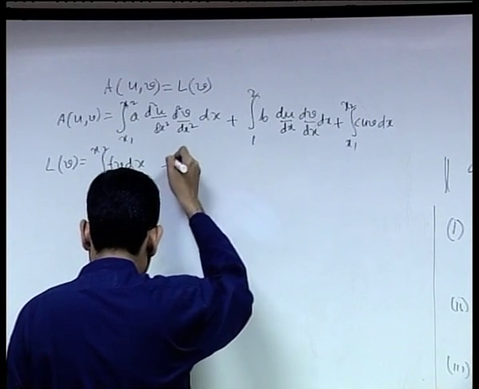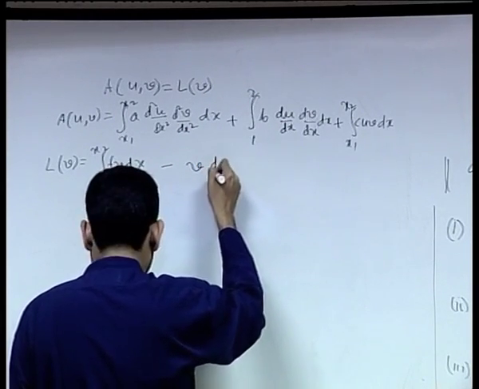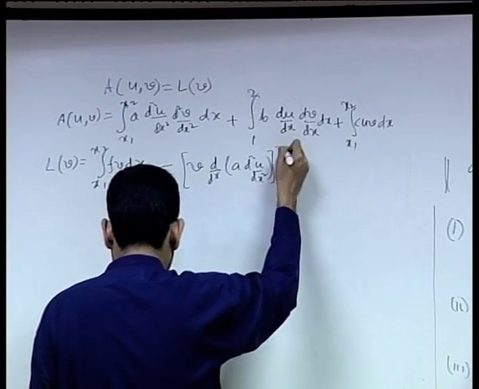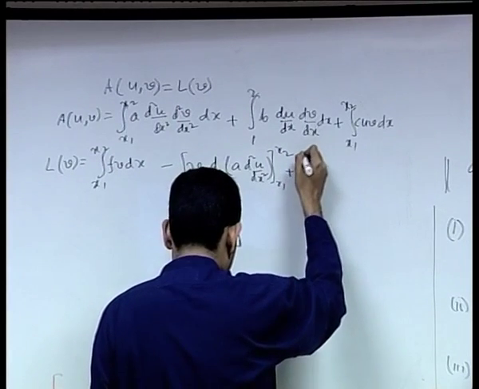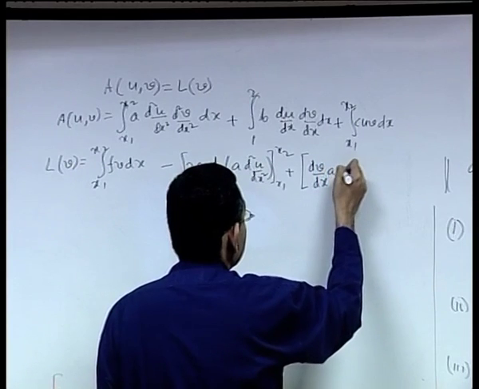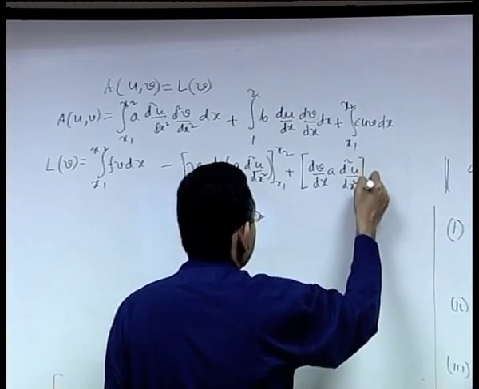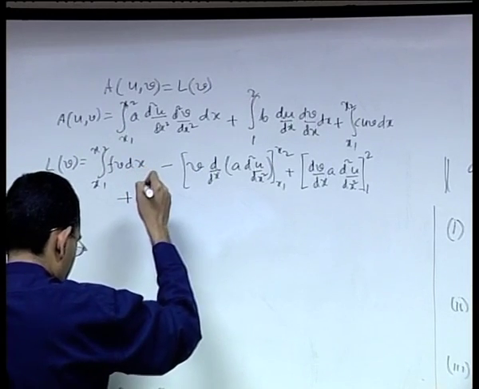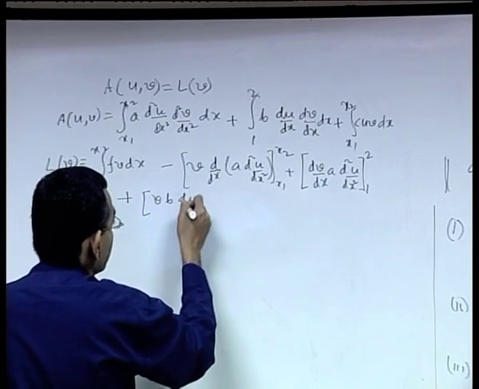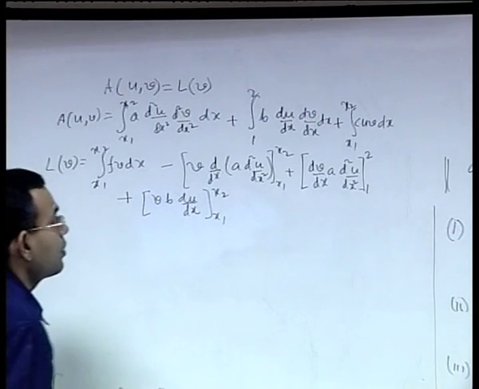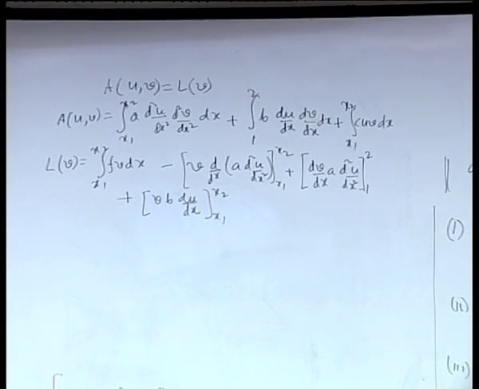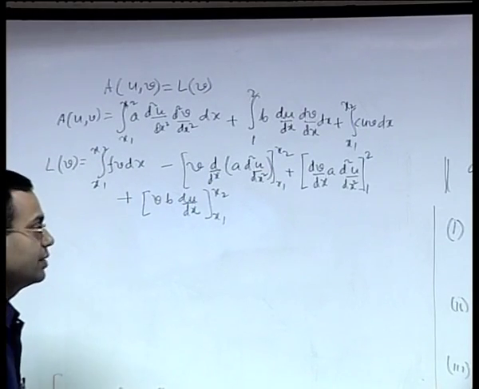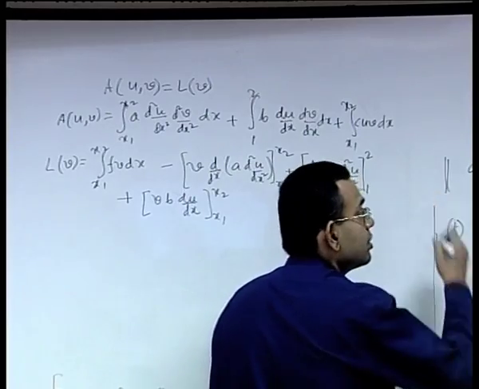So, this minus ... okay. So, this is the variational formulation where we have written it in the form A(u,v) equal to L(v) for all v. So, that is the solution to the first part of the question.